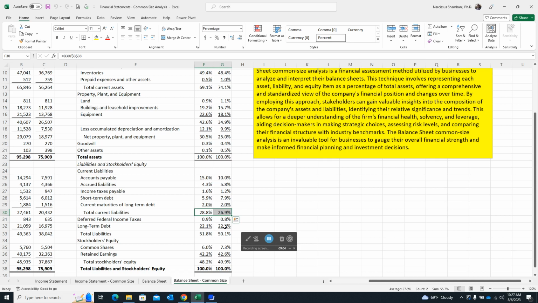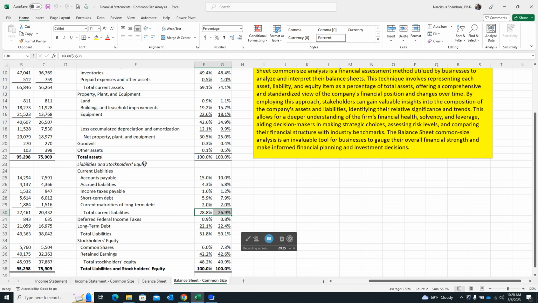Right, what about long-term debt? Here we can see that it stayed about the same. And of course, the total liability stayed about the same. So, really, what was so significant in this particular area here?